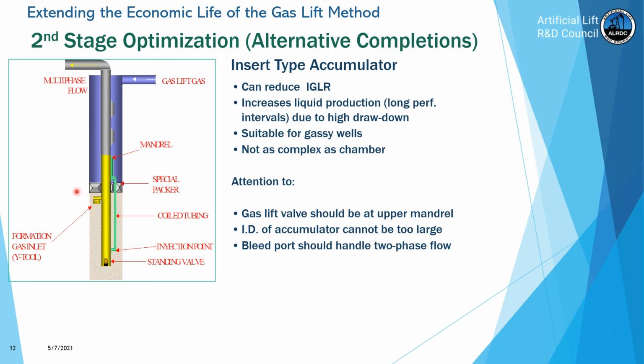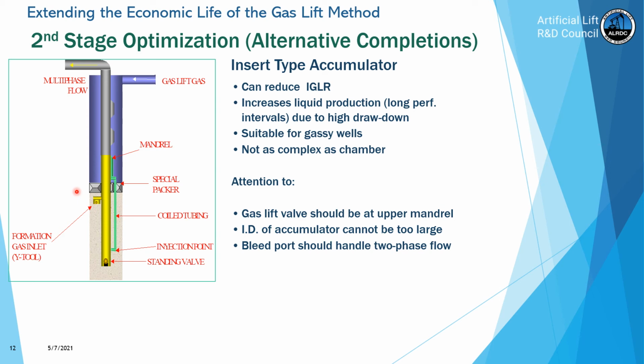If you want to simply lower the point of injection for whatever reason, maybe the packer cannot be installed as deep as you should, this is the way that you should lower the point of injection when you're going to use intermittent gas lift. I have already shown the ideas from Weatherford, which is called extra lift, and from Schlumberger, which is called perf lift.